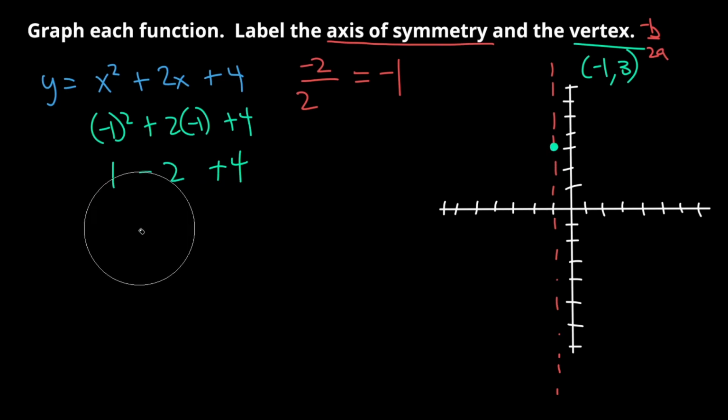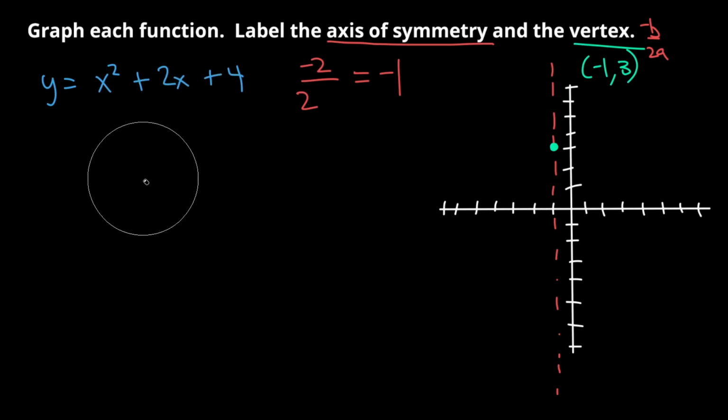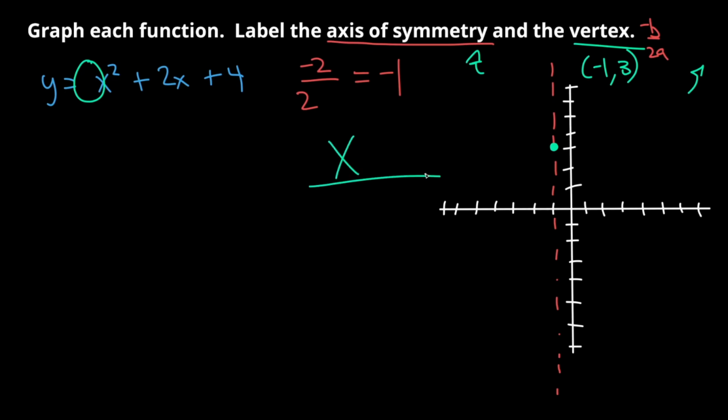I'll go ahead and erase this. So now we want to find which way it opens. This coefficient in front, the leading coefficient, is positive. So we know it opens up. Now we want to do an XY chart to plot a few points.